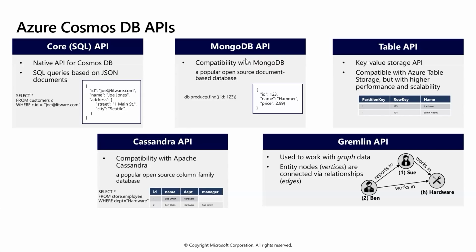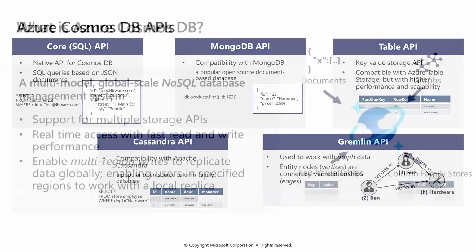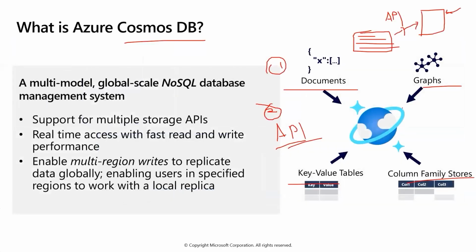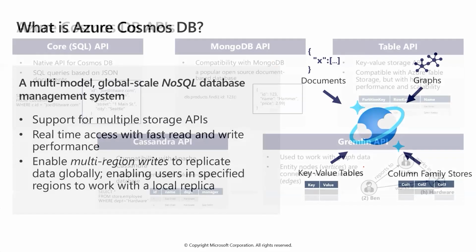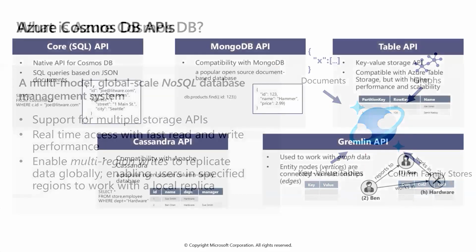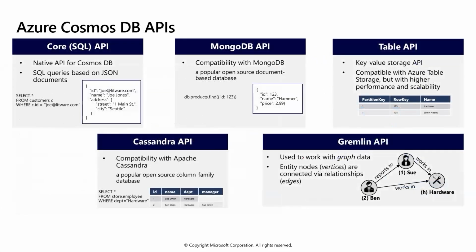Each API supports a different format of data. Remember, because it gives us multiple formats in which to save data, it also gives us access to multiple APIs to interact with the same.